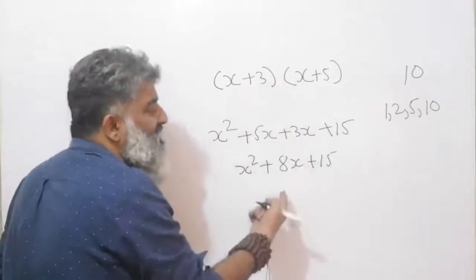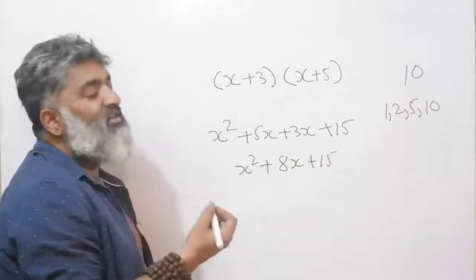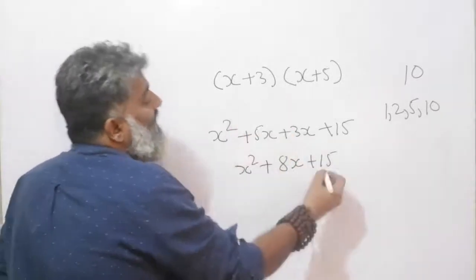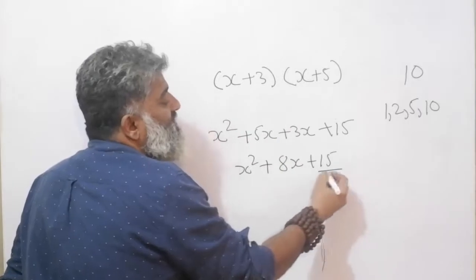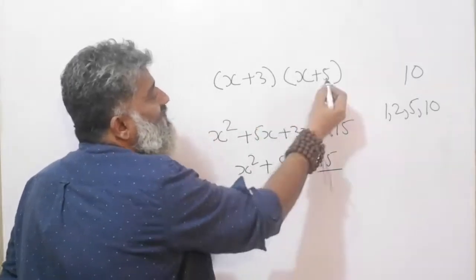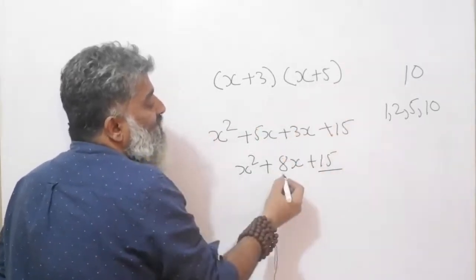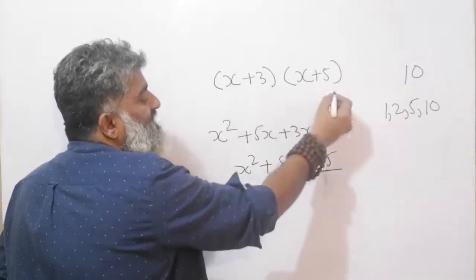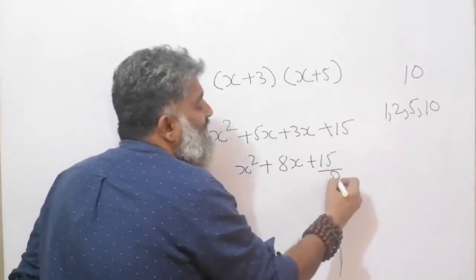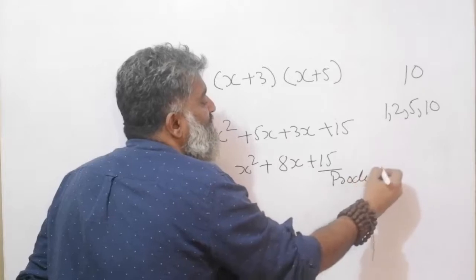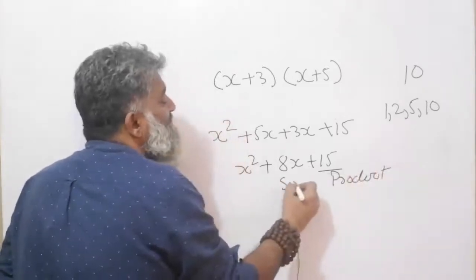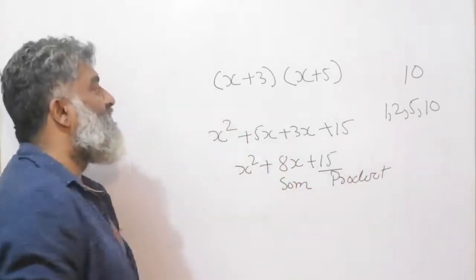And even with this basic multiplication, I can start observing a couple of things. If I look at this final constant term, this 15 is 3 into 5, right? And if I look at this 8, it is 3 plus 5. So there is a product in the last term and the sum is involved in the coefficient of x.